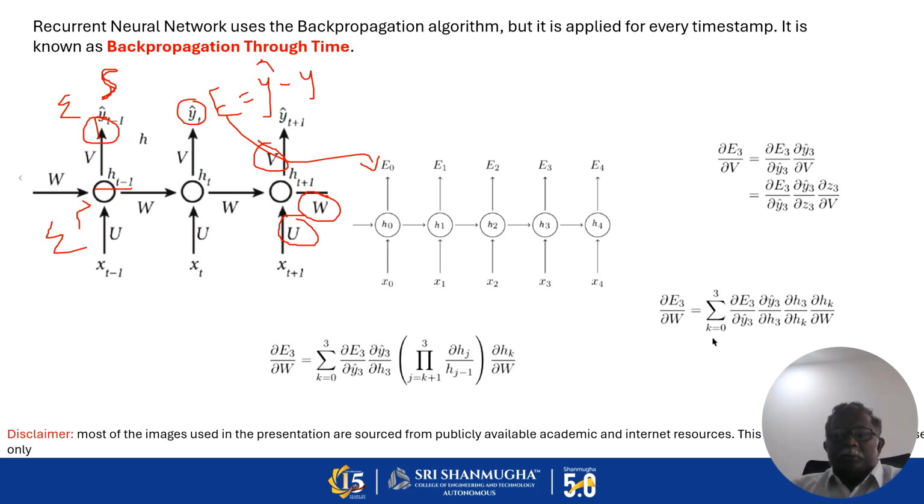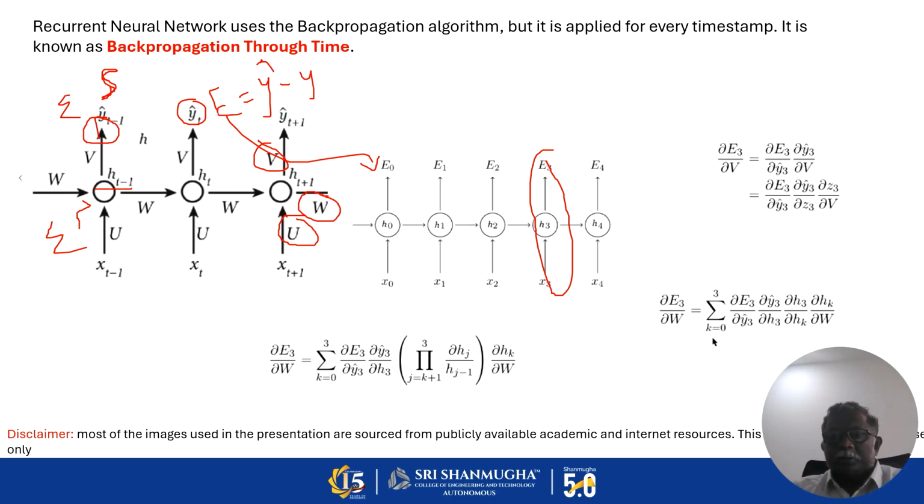If you look at this, we want to change the weight V. So we need ∂E3/∂V for this particular hidden state, which is a single step that can be done this way.